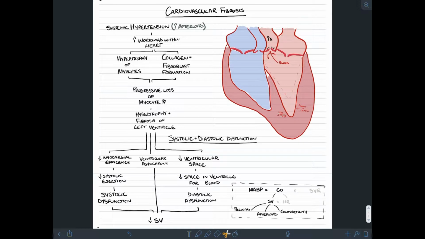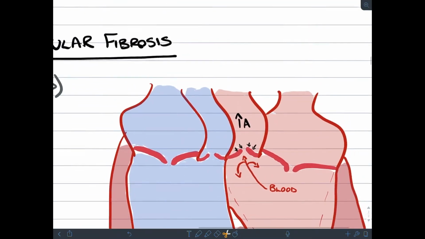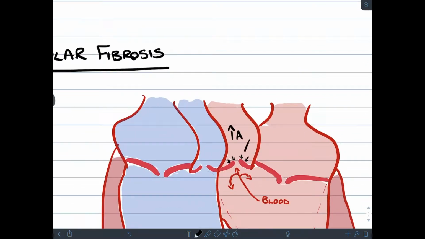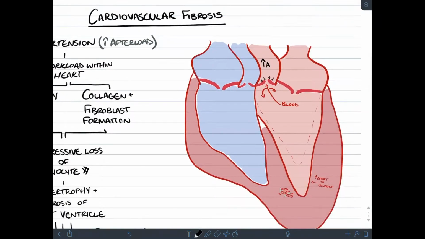So this systemic hypertension will increase the afterload due to the amount of pressure that the actual aorta is under, and therefore affecting how much pressure is being sent to the aortic valve, blocking its opening, because it only opens one way. So when that happens, an issue within the heart occurs, and that is that the heart actually works harder to send this blood through the aortic valve.